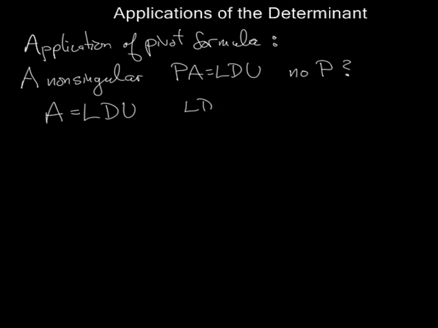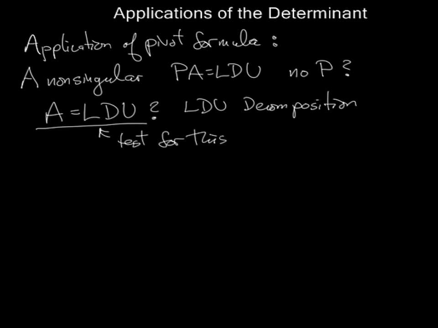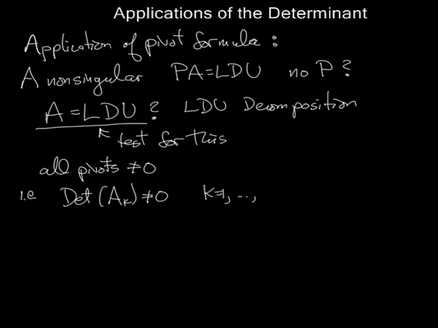And one question that is important is, can you just have an LDU decomposition, which is to say you don't need the P. If somebody hands you a matrix, how do you tell at a glance whether it has an LDU decomposition? Well, remember, the way that happens is if all of the pivots are non-zero. Well, we know how to compute this. We just have to check all of these determinants.